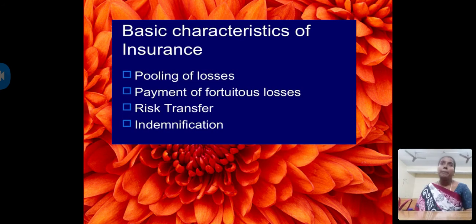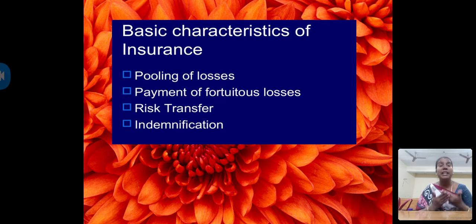The basic characteristics of insurance begin with pooling of losses. Pooling of losses means you are keeping some questions in front of you, questions that arise from your previous experience in this insurance field. What types of situations did you face? How did you overcome the risk?